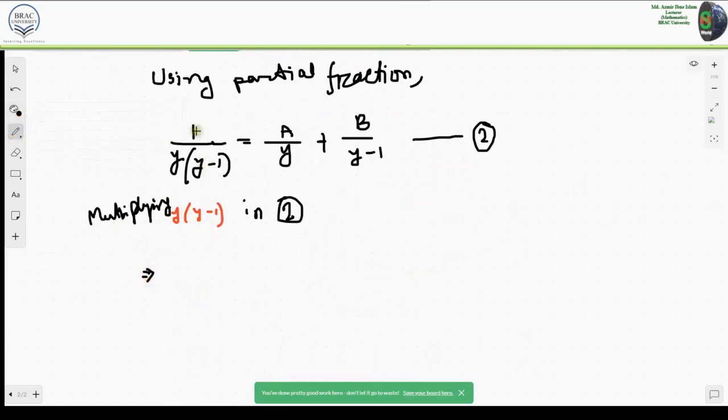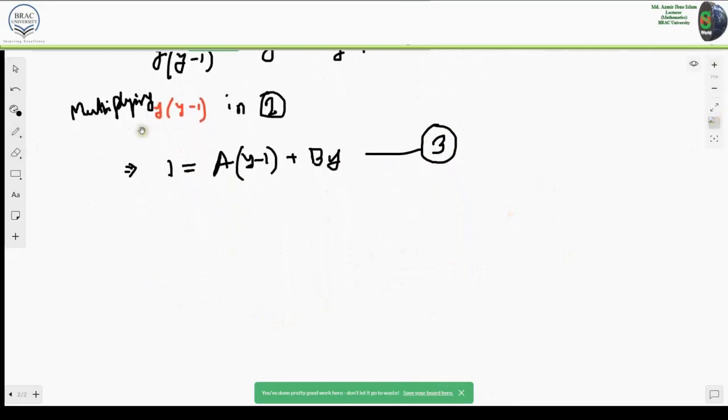So now the result will be, if we multiply y times y minus 1, 1 equals a times y minus 1 plus b times just y, because y minus 1 will be cancelled, we will have just y. Let's say this is equation 3. Now we have to find the constants a and b.